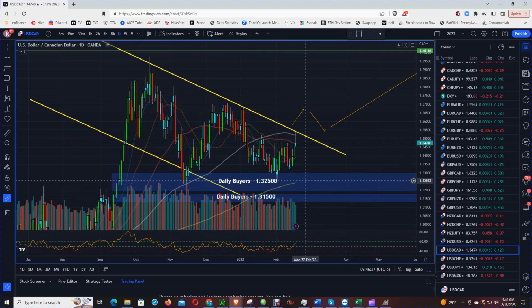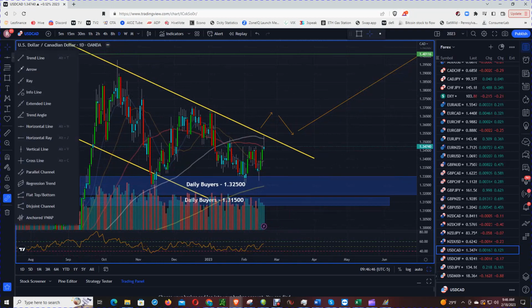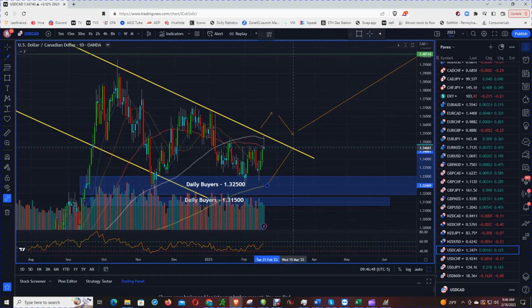You got buyers waiting to buy price, potentially pushing that back up as well. Those are the plays on the USD Canadian dollar. Until next time.